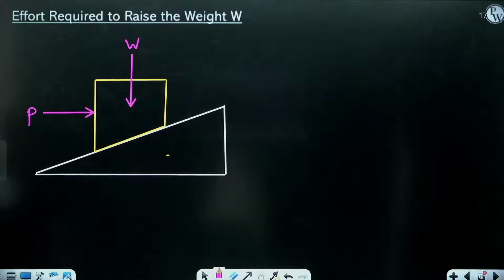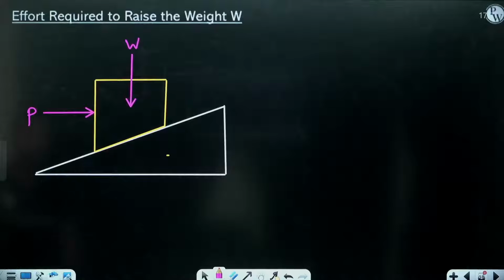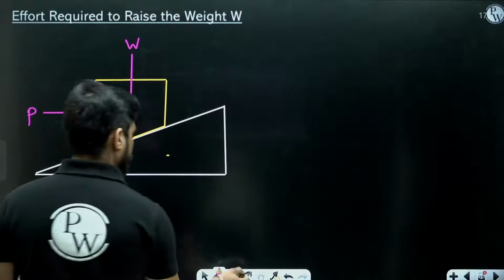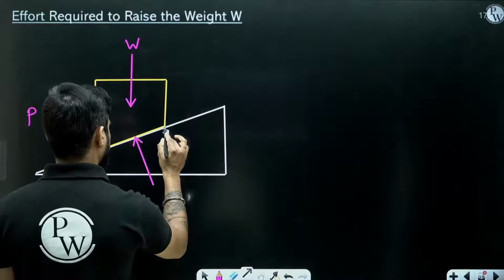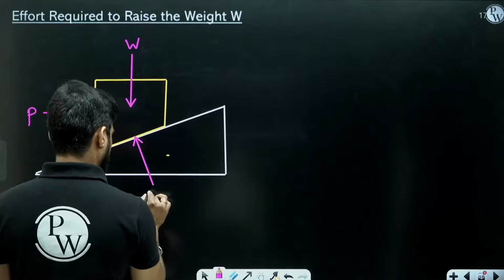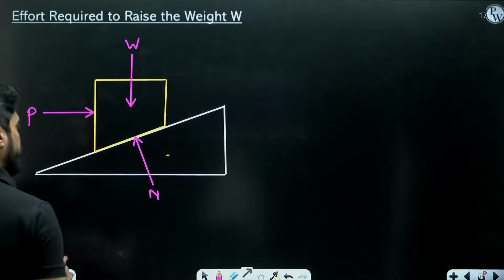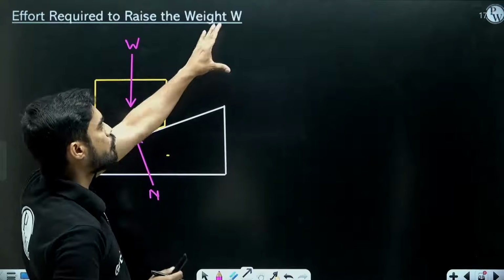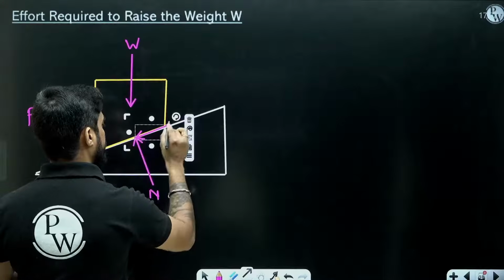Now there will be a normal force between the block and the thread. That normal force will be acting something like this, N, and there will be a friction force. So if you assume that it is just about to go up, the friction force will be down like this.